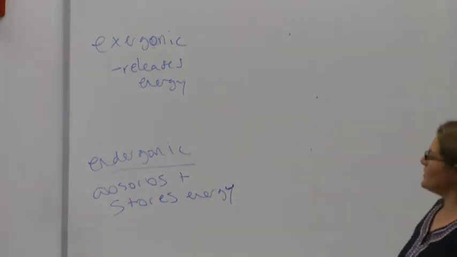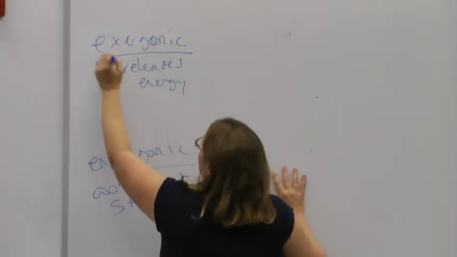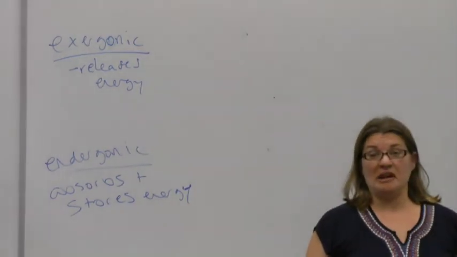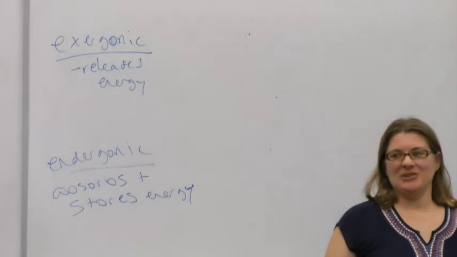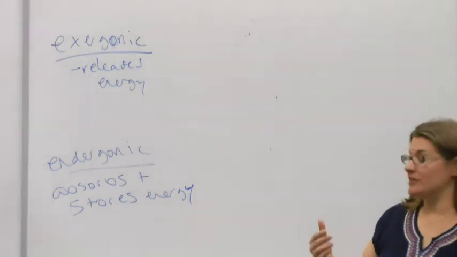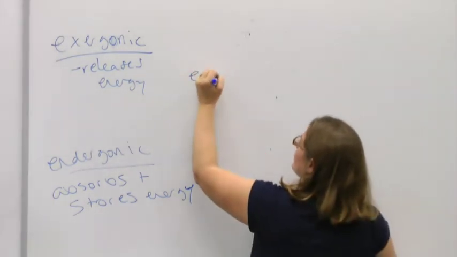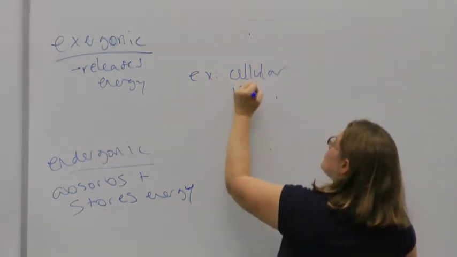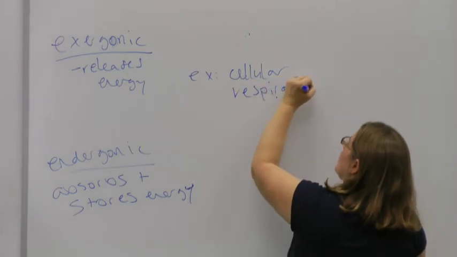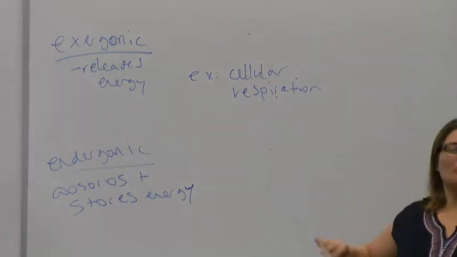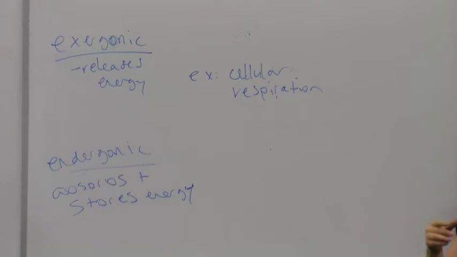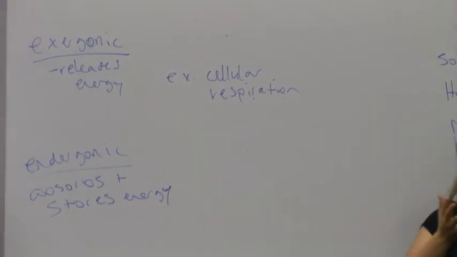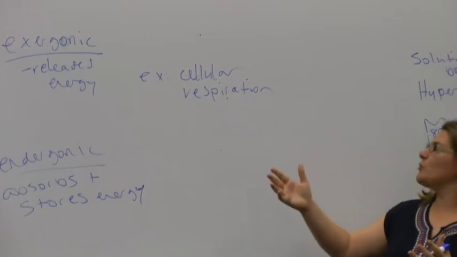Okay. What was an example of an exergonic reaction that we talked about? What's a process that comes right out of chapter 6 that releases energy? Respiration, cellular respiration. Think about it. You eat food, and food is very rich in stored potential chemical energy. Through cellular respiration, your body uses oxygen to split up those food molecules, and you're transferring that energy from food into what?